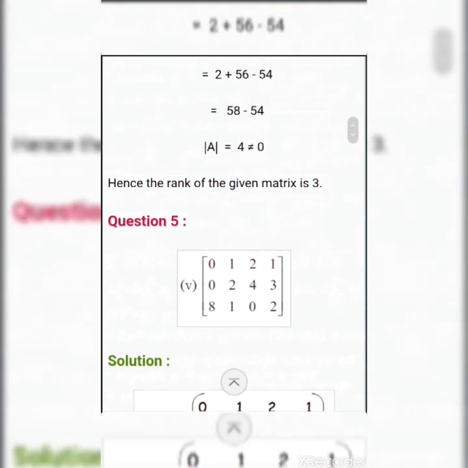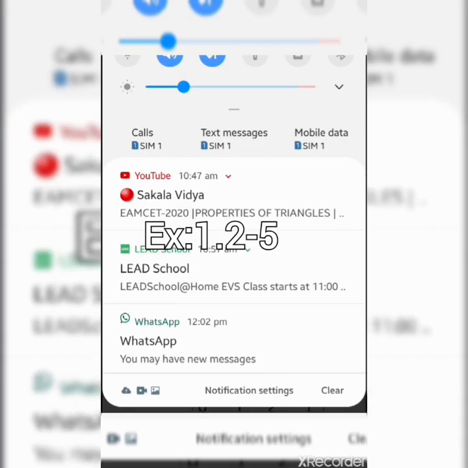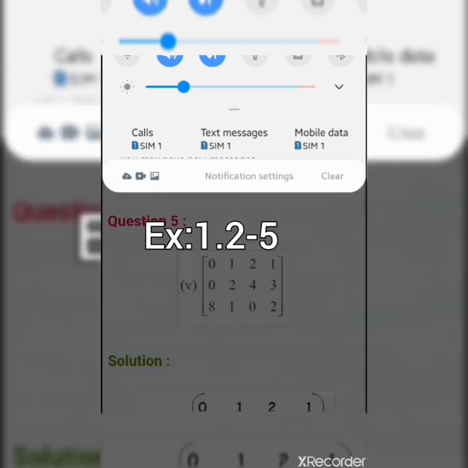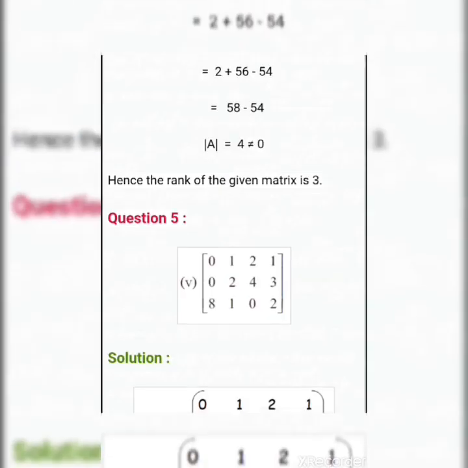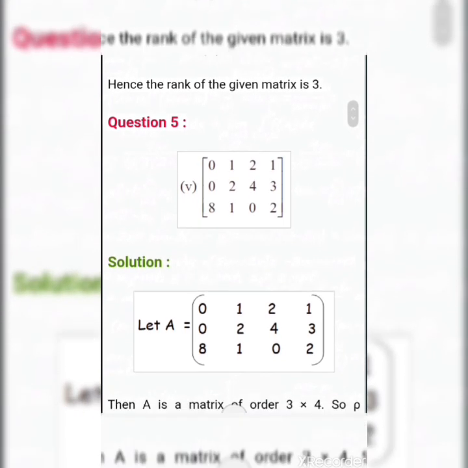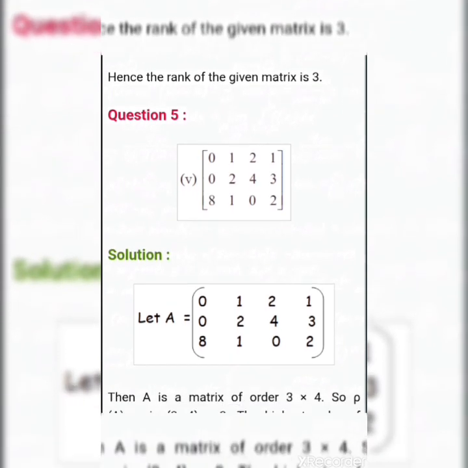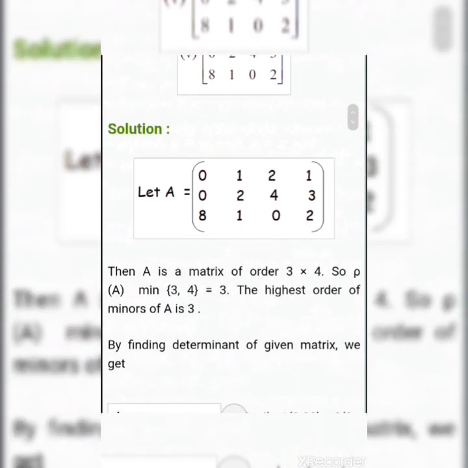Next, question number 5. The matrix of order 3 by 4: 0 1 2 1, 0 2 4 3, 8 1 0 2.